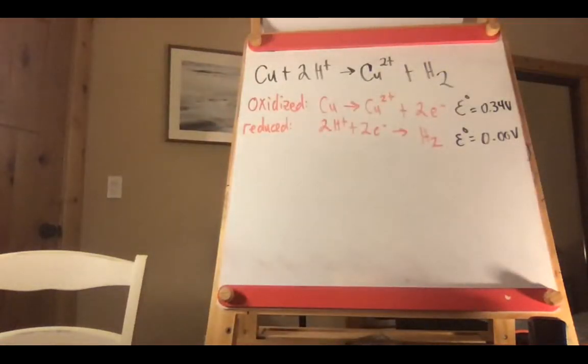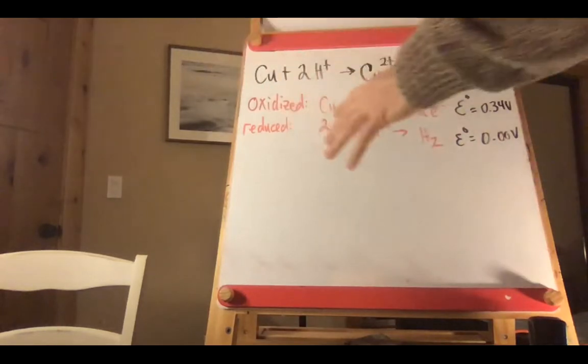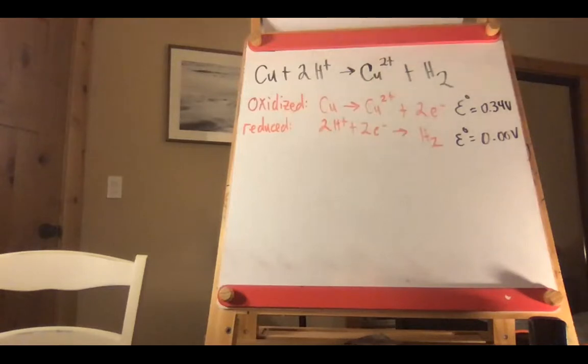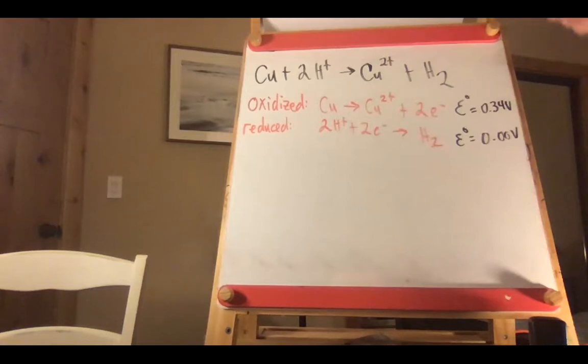Okay, so I wrote the reaction up here, and I already went ahead and wrote out what was oxidized and what was reduced, because hopefully you guys have that down now, and I don't need to go through it anymore. So what ends up being oxidized is the copper, and what ends up being reduced is this hydrogen. When we look up the standard cell potential values, we get 0.34 volts for our oxidized reaction and 0.00 volts for our reduced reaction.